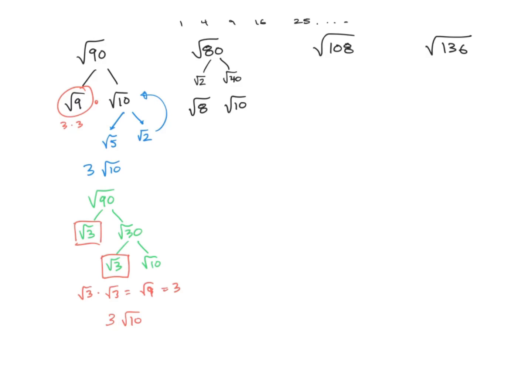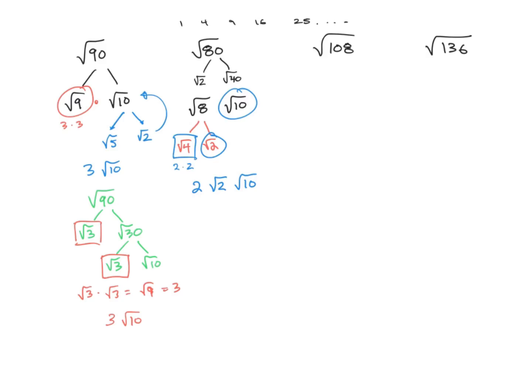I know that the 4 is hidden within the 8, so I'll do square root of 4, square root of 2. This is a good example too because there's not much I could do with the 2 or the 10. So I'm going to leave those as is. I do have a perfect square in my 4, and square root of 4, 2 times 2 is 2. So I get 2 square root of 2, square root of 10.